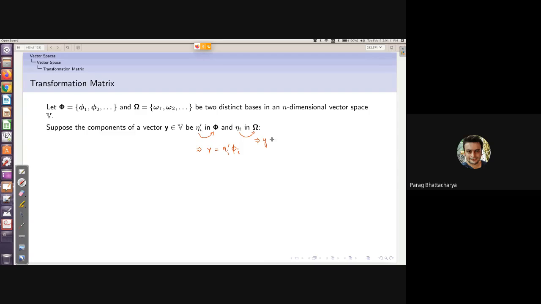The same vector y can also be written as these components times the members of the other basis, that is eta I into omega I. So suppose the components of this vector in one vector space are eta I prime, and in the other it is eta I.